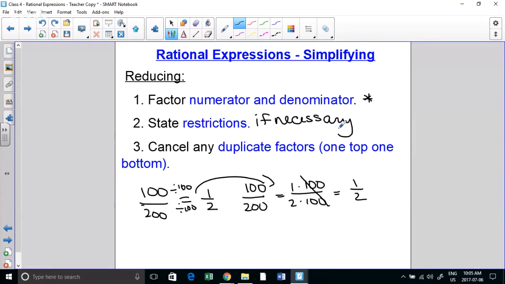Some of the problems will say, given that the denominator is not equal to 0, and you're like, cool. So given that the denominator is not equal to 0, you don't have to state the restriction. If it doesn't say that, you do. Any factor that is present on the bottom and the top gets canceled out, and that's how you simplify this.